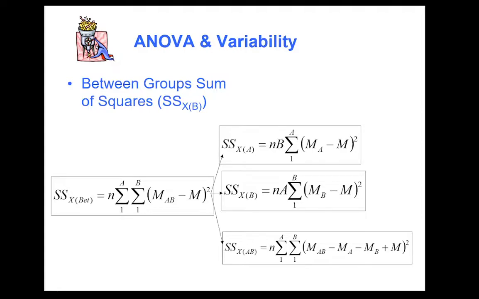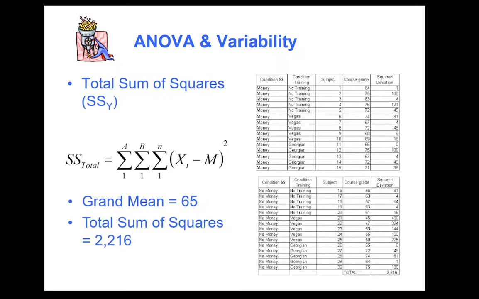The reason I take the 5 and multiply it by 3 for the main effect for incentive type is that for the mean of A, I have 15 people, right? So if I go back here, for the no money people at the bottom here, there's 15 people. There's 5 people within the no training, 5 people in the Vegas, 5 people in the Georgian.